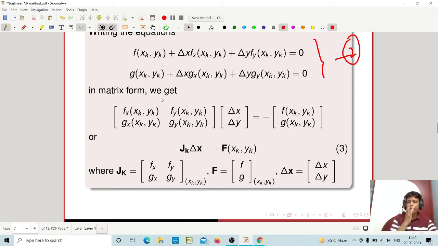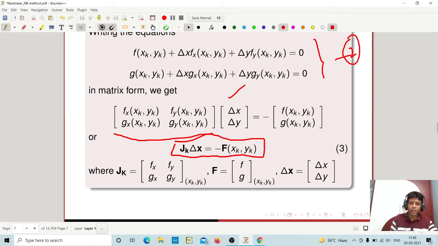That is, the matrix is a 2 cross 2 matrix, f_x, f_y, g_x, g_y at (x_k, y_k), and the column matrix is delta x, delta y, and you have minus another column matrix f, g, and this matrix is denoted by J_k.